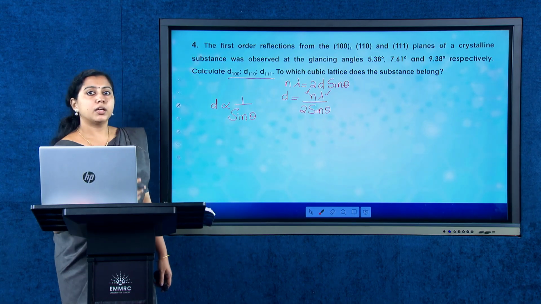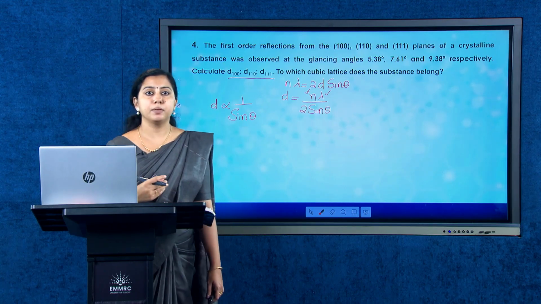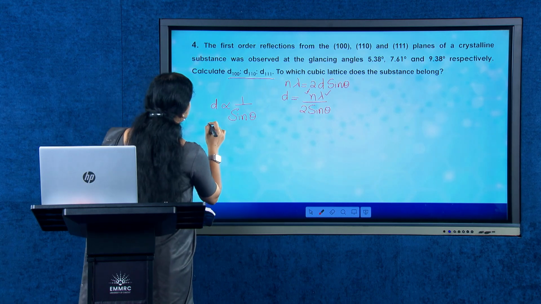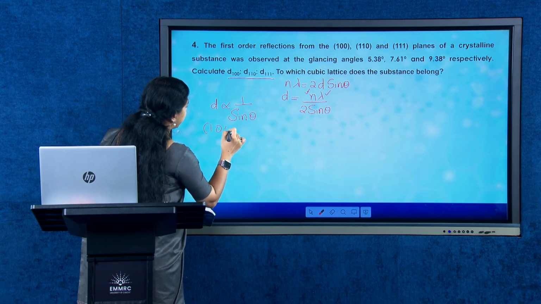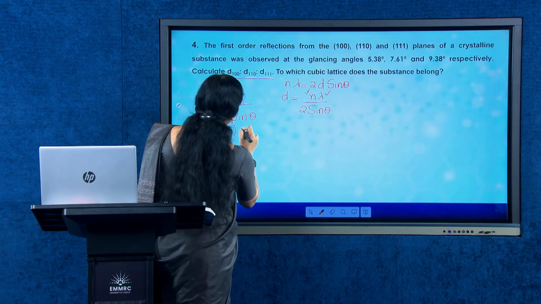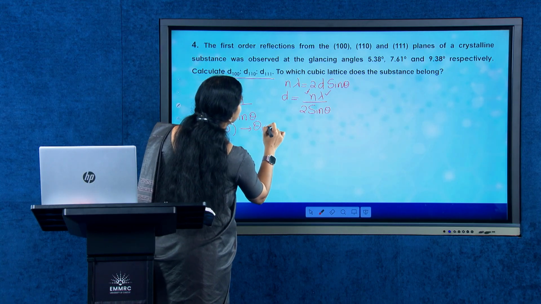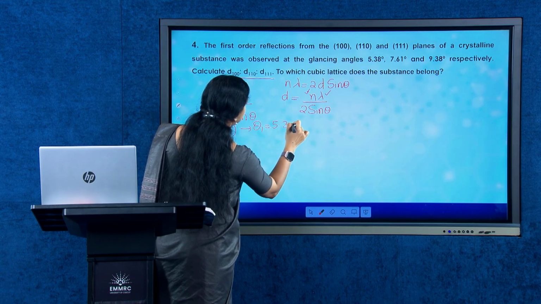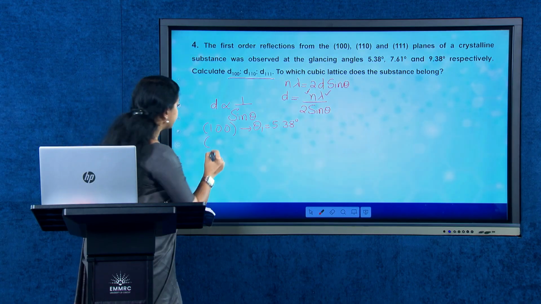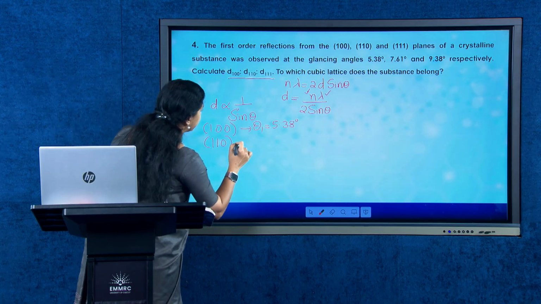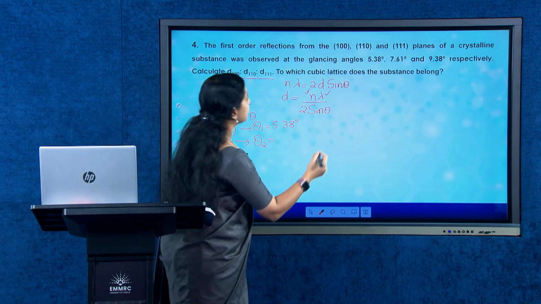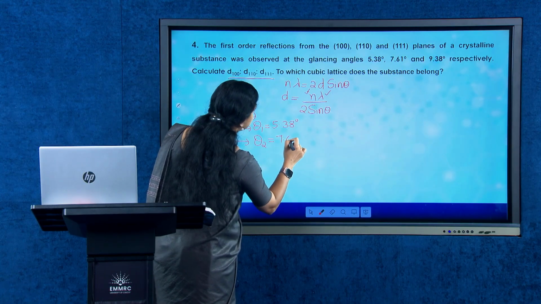Okay. Now, consider the planes given in the question. We have a 100 plane. So, let the diffraction from the 100 plane occur at the glancing angle theta 1 is equal to 5.38 degree. Next is the 110 plane. Let the angle be theta 2, which is equal to 7.61 degree.